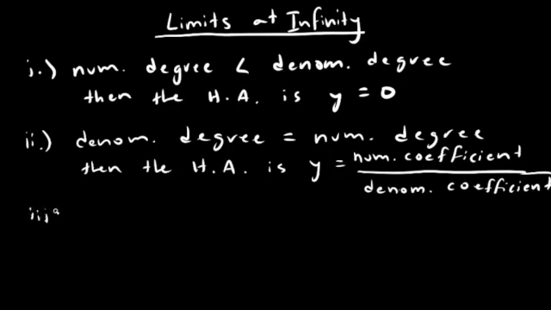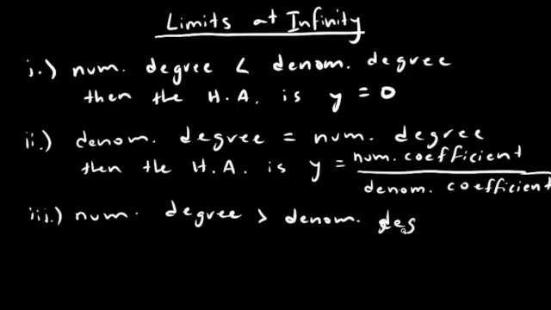Now, the third rule is if the numerator degree is greater than the denominator degree, then the horizontal asymptote does not exist.